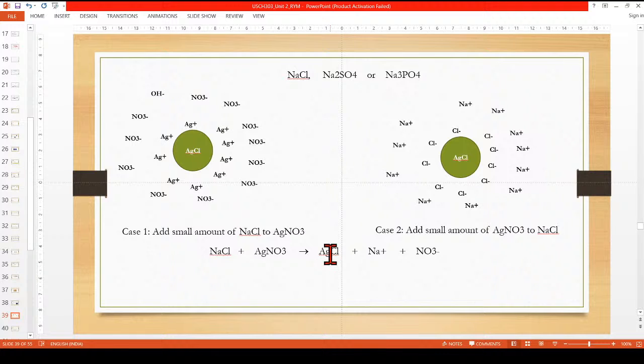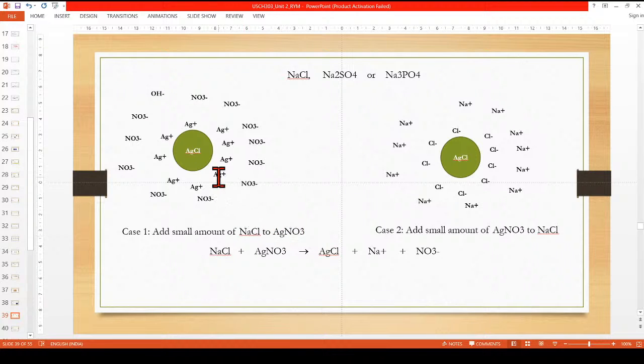Then since your host is AgNO3, which has a common ion with the precipitate, which ions are in the precipitate? This AgCl has Ag plus and Cl minus. So the common ion in the host is Ag plus.